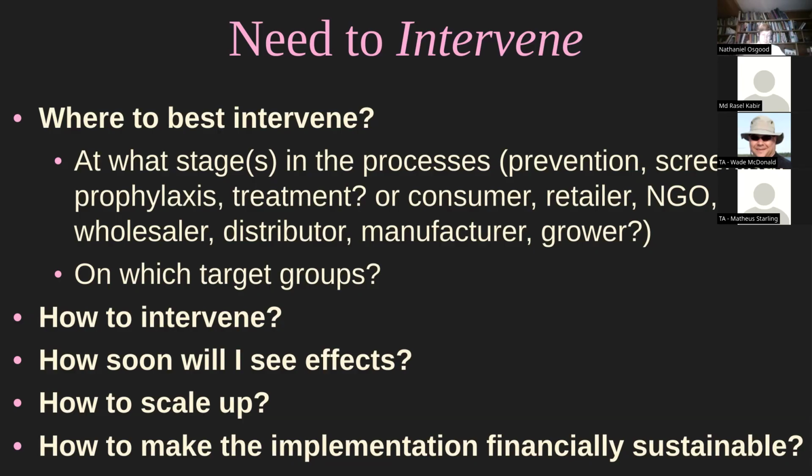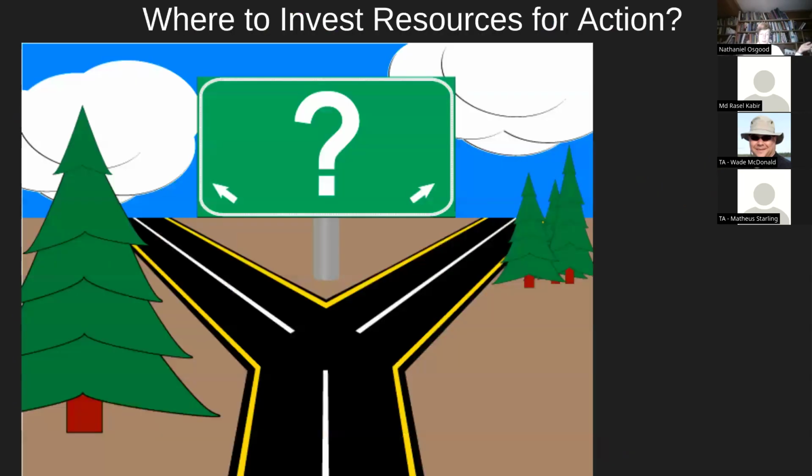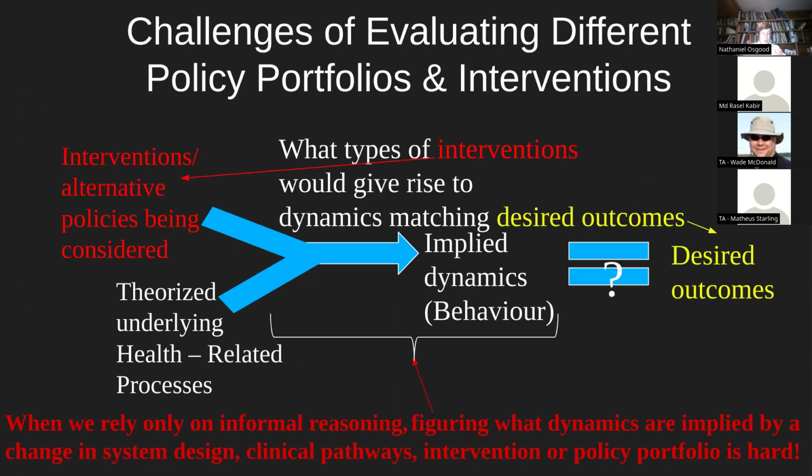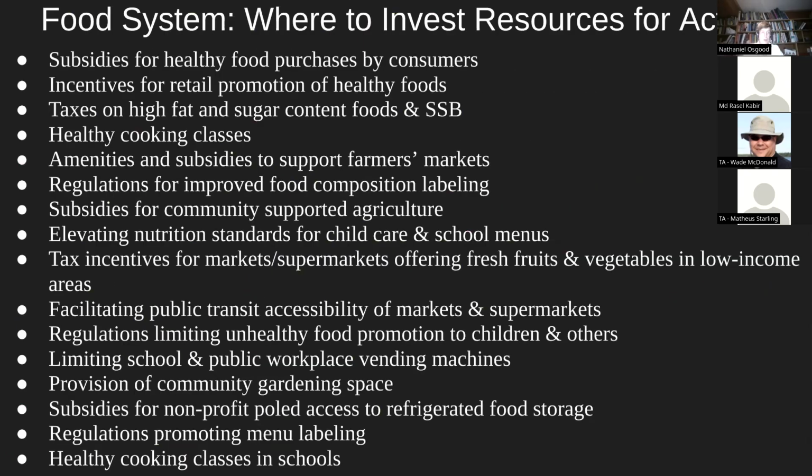How to make this implementation financially sustainable so that the money saved can be invested in other purposes. So these are big challenges, and they're challenges where being able to reason about them in our heads is especially difficult.